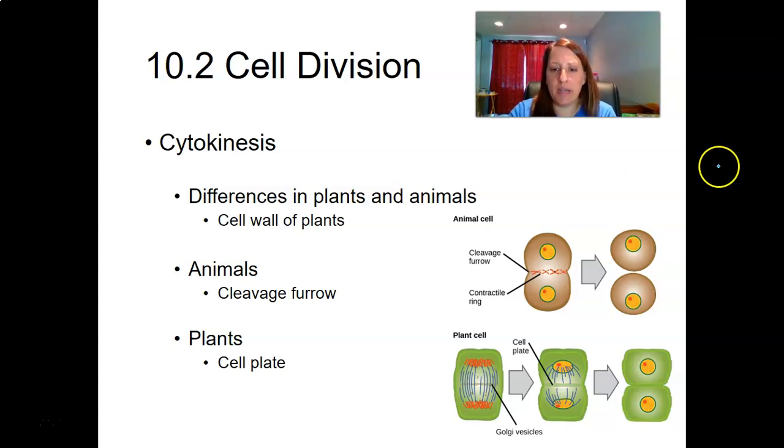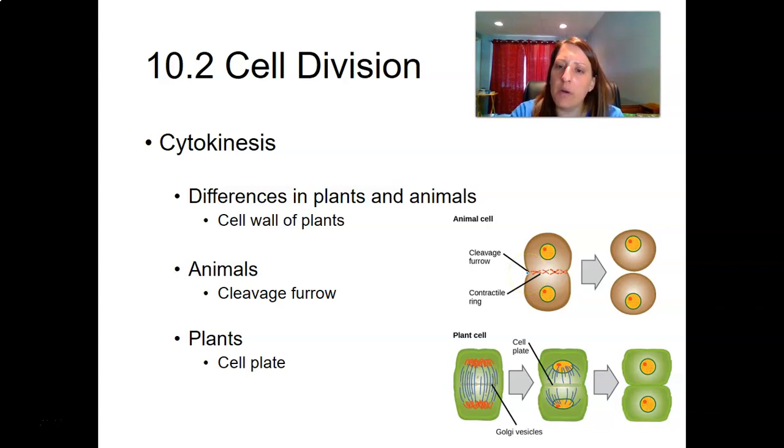And so what's going to happen in animal cells is we have elements of the cytoskeleton, specifically actin, okay? They're going to come to kind of the central region between the two nuclei, and they're going to form what's called a contractile ring, which is going to literally pull the plasma membrane, kind of like cinch it or pinch it in.